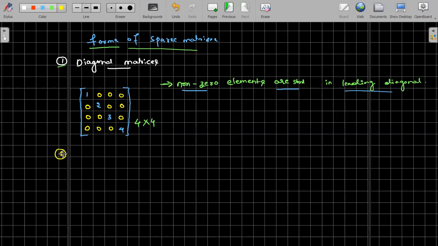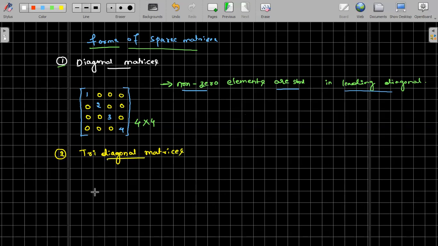Coming back to the second one, we are going to discuss tri-diagonal matrices.